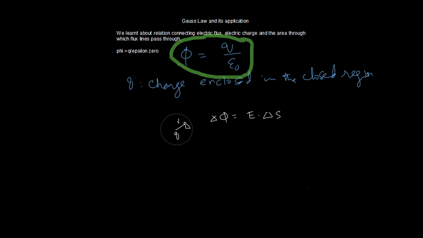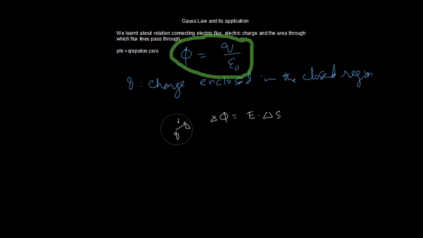Here we are taking a small area, and we want to see what flux is passing through that small area. So we have the formula delta phi equal to E delta S, that is, how much goes through this small area.